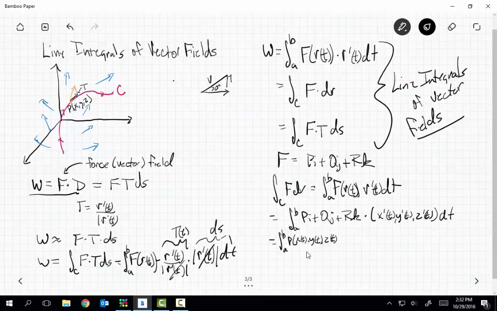So when I dot these, I'm going to get P of x of t, y of t, z of t times x prime of t, plus Q of x of t, y of t, z of t times y prime of t, plus R of x of t, y of t, z of t times z prime of t, dt.